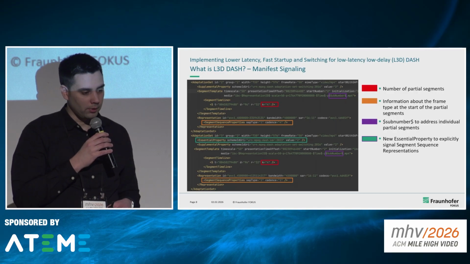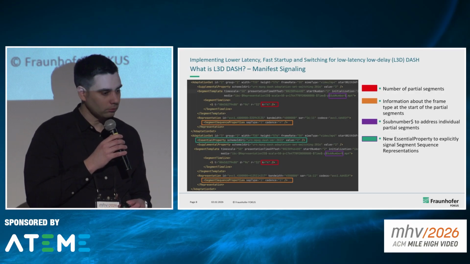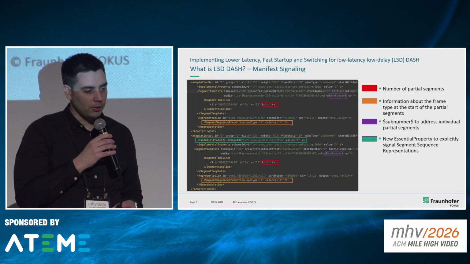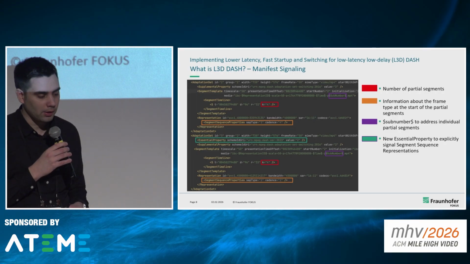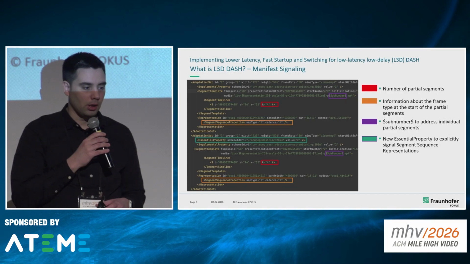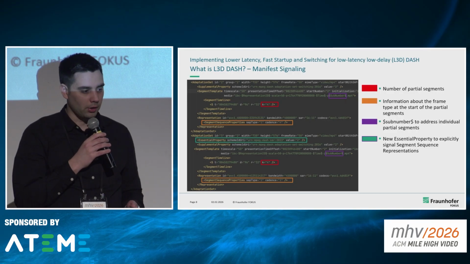On the bottom one, you see a bootstrap representation where we have a cadence of 1, which means that every partial segment has an IDR at the beginning. And then you also see this essential property. That's the way to tell the client that it needs to support segment sequence representations. Basically, if a client does not support that, it will filter out the corresponding representation or adaptation set.